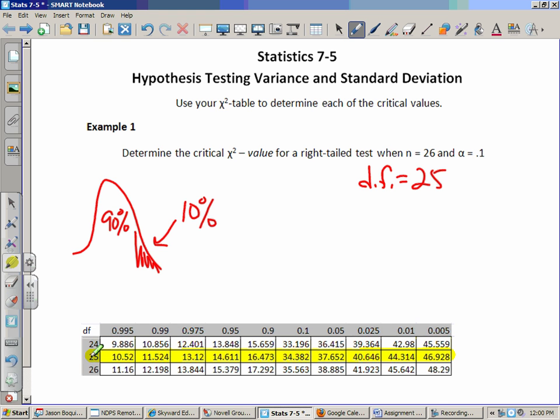No, you don't use 0.9, because 0.9 would be basically that, and that's not what I want, because that would be 90% to the right. I want the one that says 10%. And so you go to 10%, and where do the two come together? At 34.382.